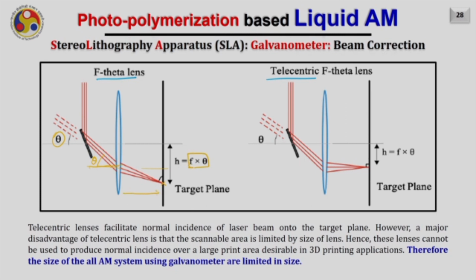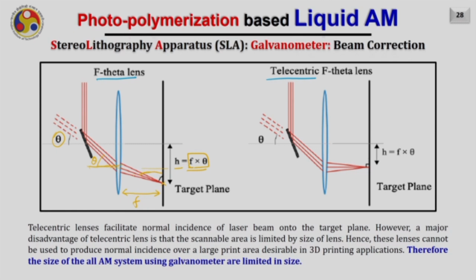This distance is f, the focal distance. Now if this distance is f and h is equal to f into theta, the issue is resolved. The focal point is on the flat plate, but the laser beam is striking at an angle.